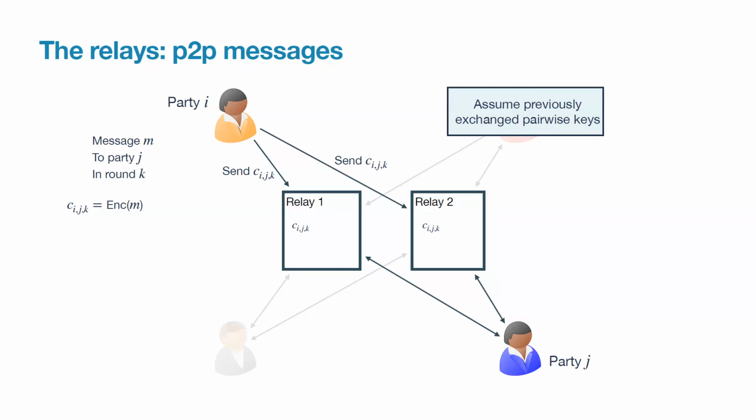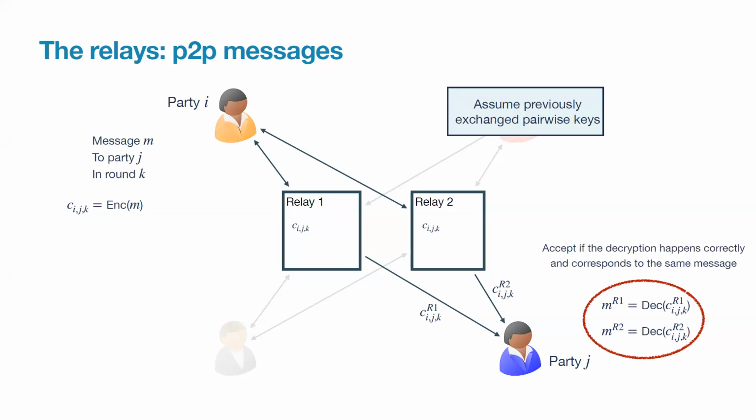The relays will store the ciphertext, and whenever party J is available, then party J requests the message from the relays. Now, party J will only accept the received messages if they both decrypt correctly and they decrypt to the same thing. And this is why we need more than one relay, because we actually allow the relays to be corrupted. So even if there are corrupted relays, as long as there's at least one relay that is honest, then the party will detect any malicious behavior or any wrong messages that are sent by the relays.